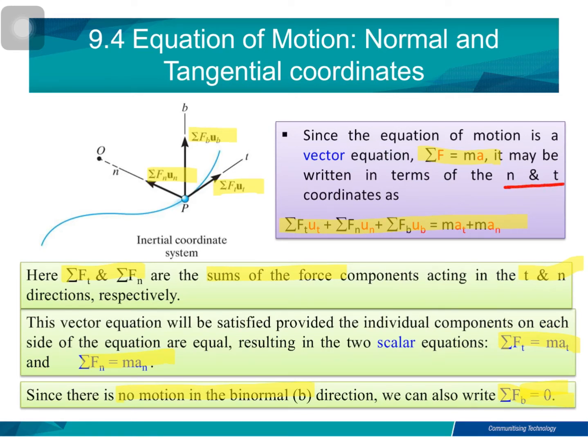There is no motion in the binormal direction, so summation of F b is equal to 0.